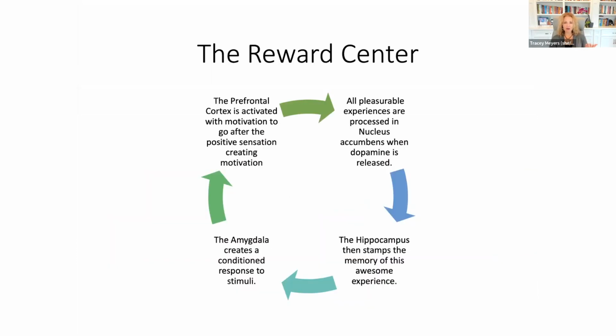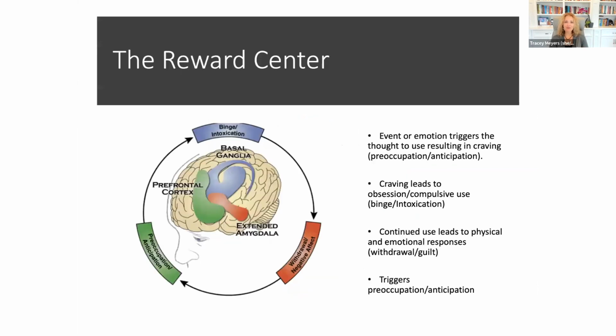So we see how the prefrontal cortex is involved with motivation in seeking and desiring a substance, how the pleasure centers of the brain are impacted when there's use of dopamine flooding into the system, how the brain remembers that reinforcing or rewarding feeling, how the emotion center of the brain is now impacted by the use, and then it creates this ongoing, very difficult to break cycle of wanting and needing more to feel okay.